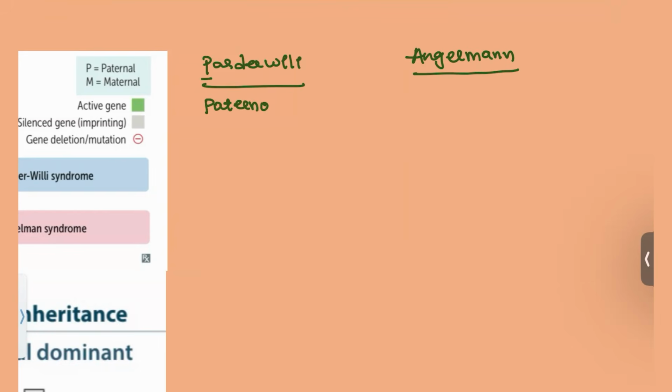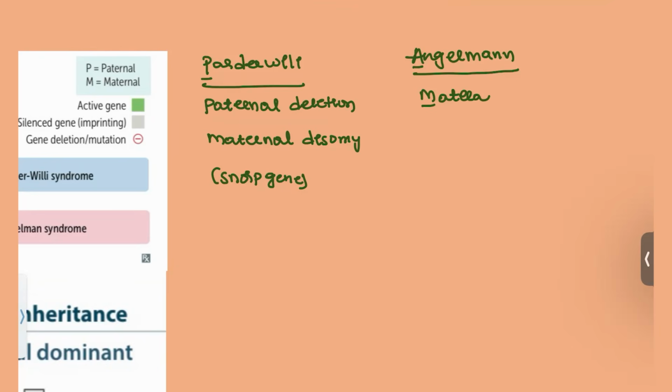Paternal deletion, which causes maternal duplication. The gene involved here is the SNRP gene. Angelman: A for Amma and M for maternal. Maternal deletion, and opposite to that, paternal duplication.